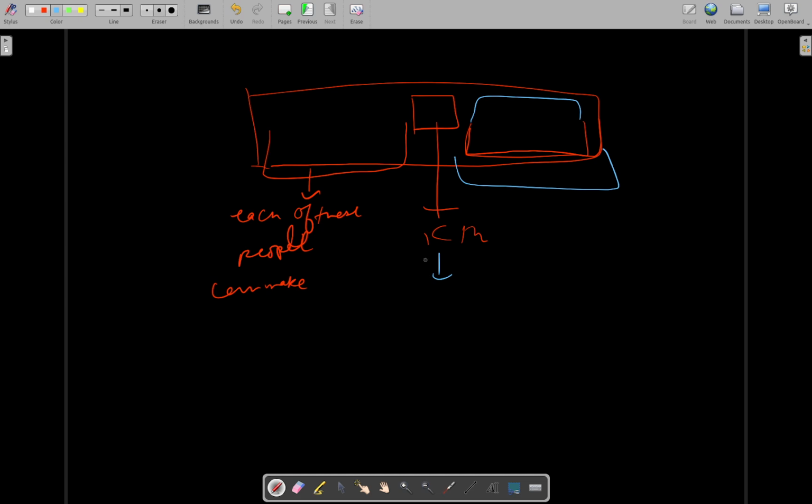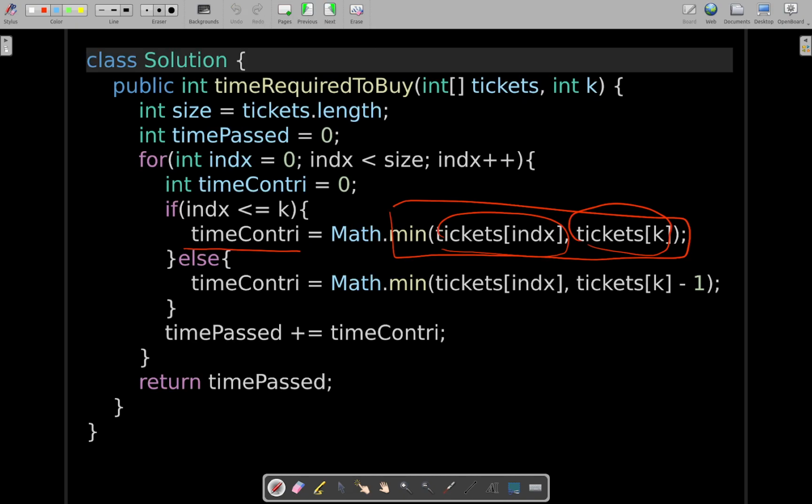One ticket will be bought by the kth person before these persons. So we would like to subtract 1 from the number of tickets that the kth person would like to buy at this moment. So that's why there is a little change: tickets that the kth person wants to buy minus 1.